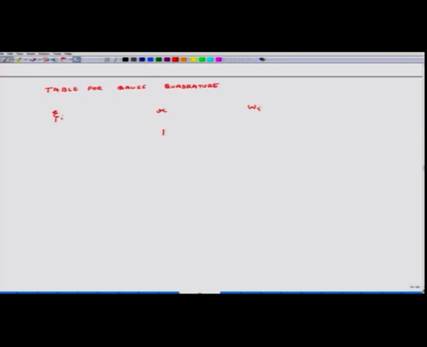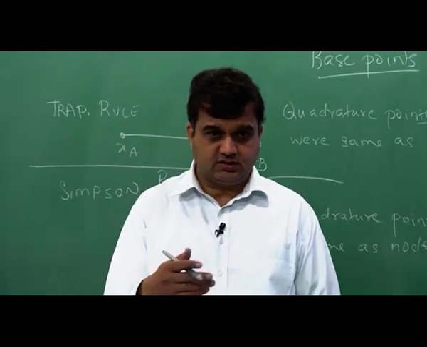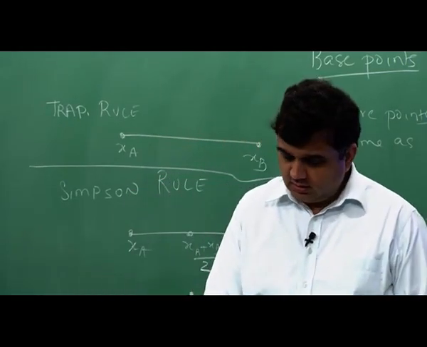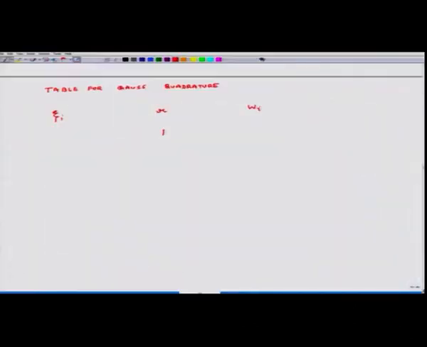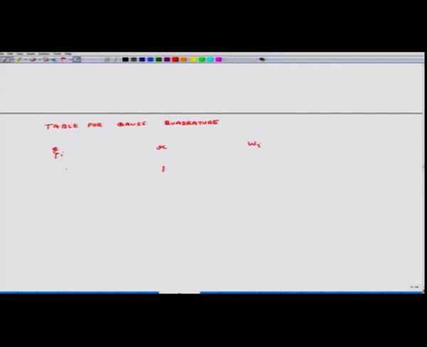If R is equal to 1, it's essentially constant, right? Order of polynomial will be n minus 1. The location at which you have to calculate this f zeta will be zeta is equal to 0. So it will be in the center of the element, okay, and the weight will be 2.